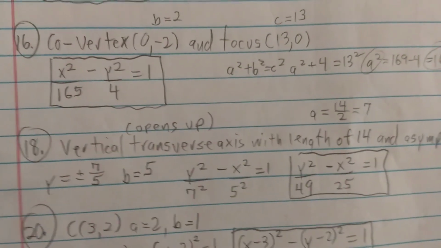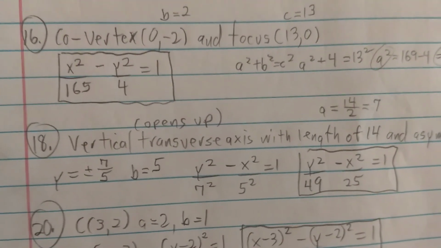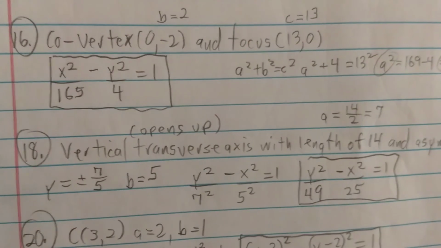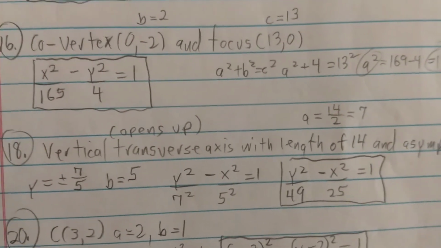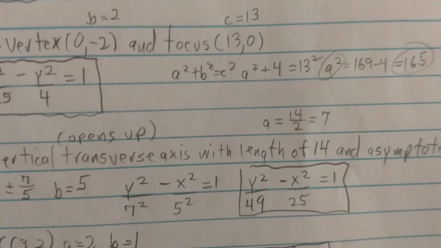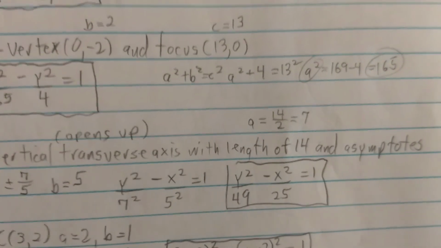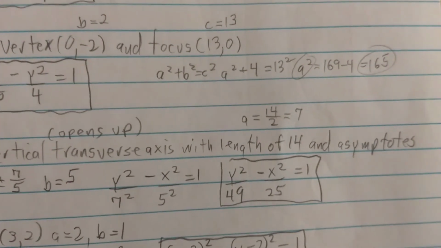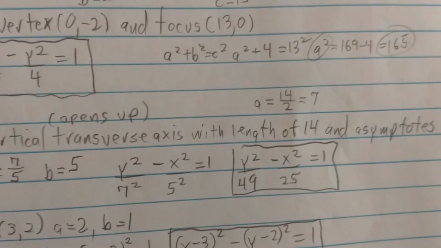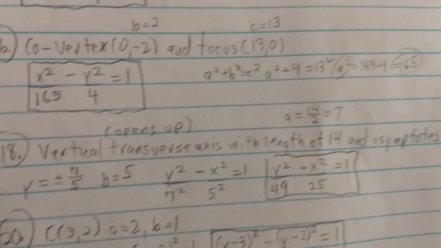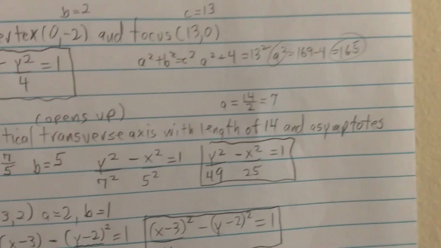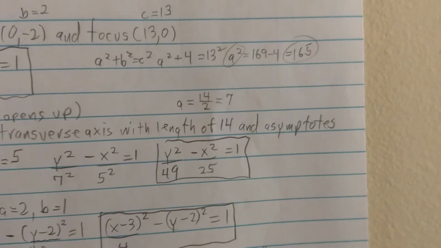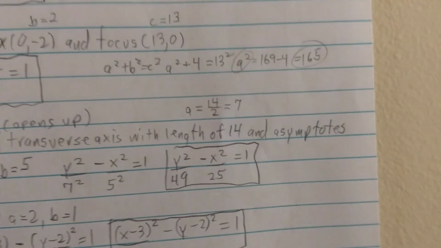Now for 16, we know the covertex is (0, -2), which gives us b equals 2. And the focus is (13, 0), which puts the major axis on the x, which means x squared will open first. So we have a squared plus b squared equals c squared.